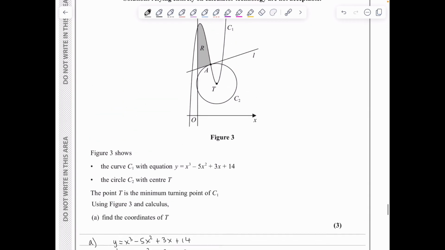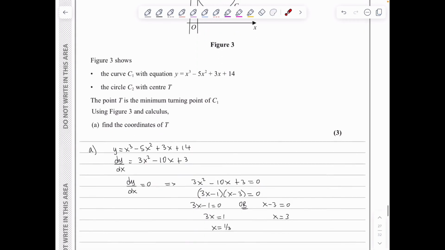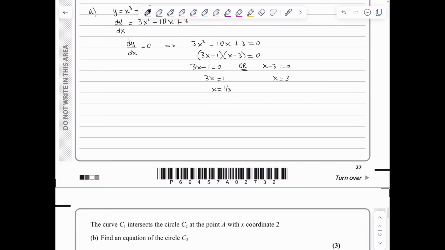If we go back to the figure here, we see that we've got a turning point here, a maximum turning point, and then a minimum turning point. So it's first x is a third, and then x is 3. So we can see that at the point T, x must be 3, and we will use that to find the y coordinate.